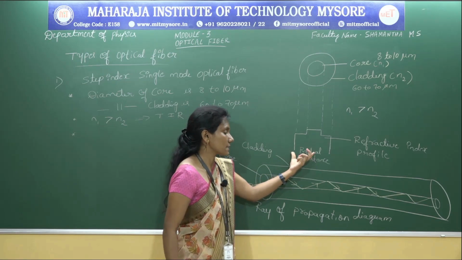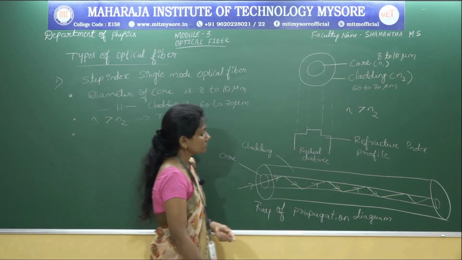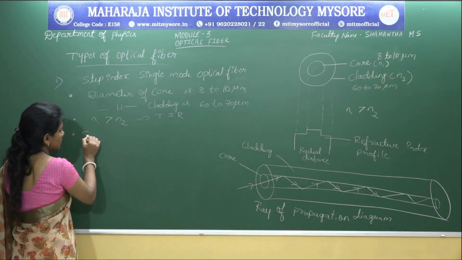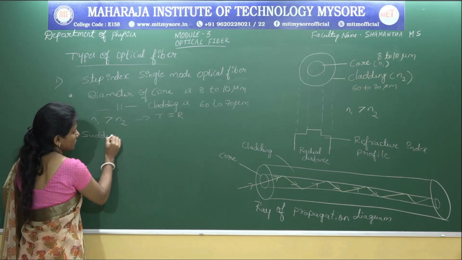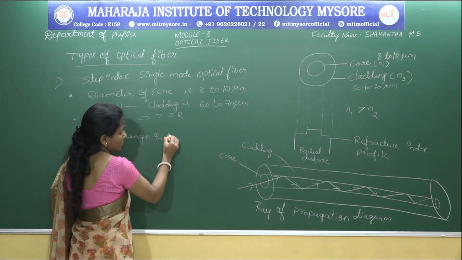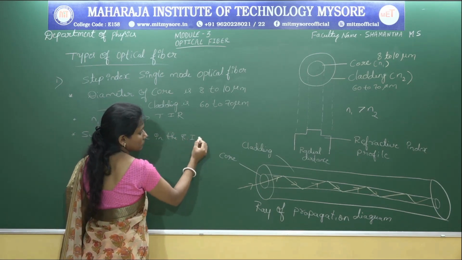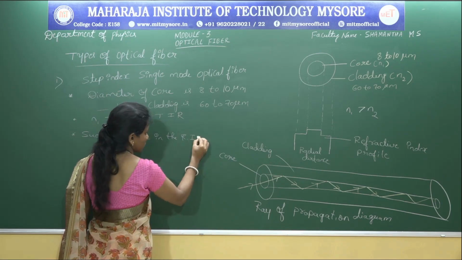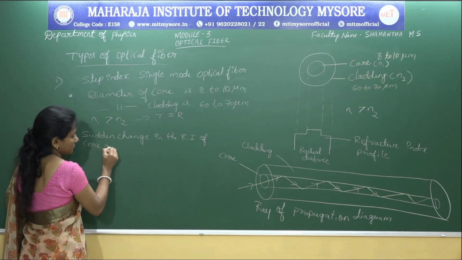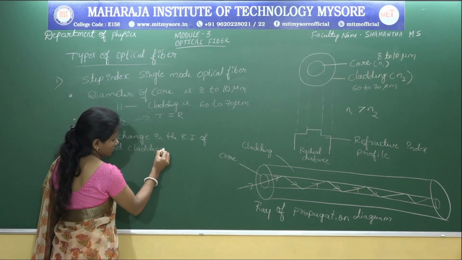This is the radial distance. There is a sudden change in the refractive index of core and cladding at the interface.